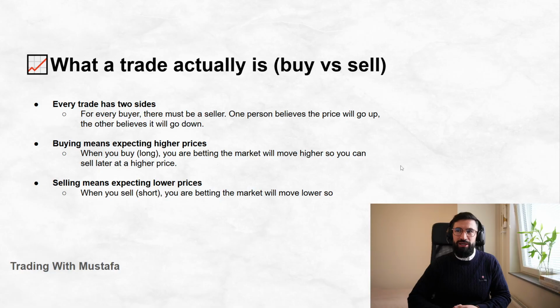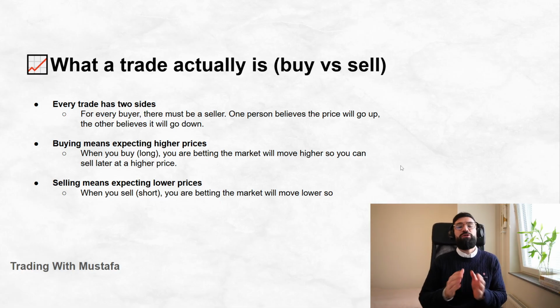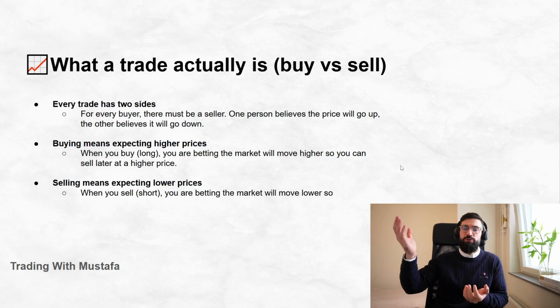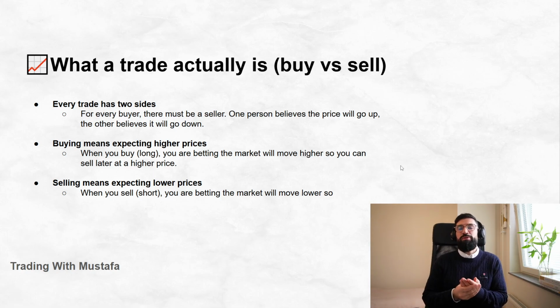What is a trade actually? What a trade actually is, buy versus sell. So every trade has two sides. There are simple sides. You have buyers who want to buy and you have sellers who want to sell. So when people say I'm buying, they're expecting the prices to go up. When people say I want to buy, they want to go long.